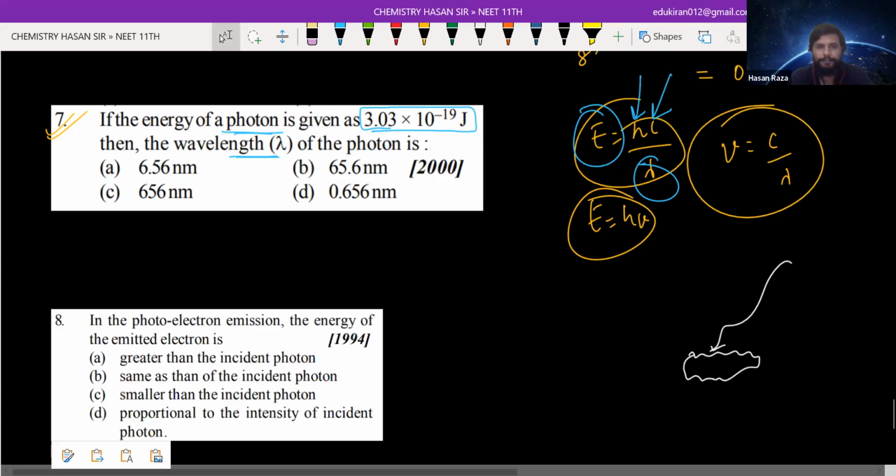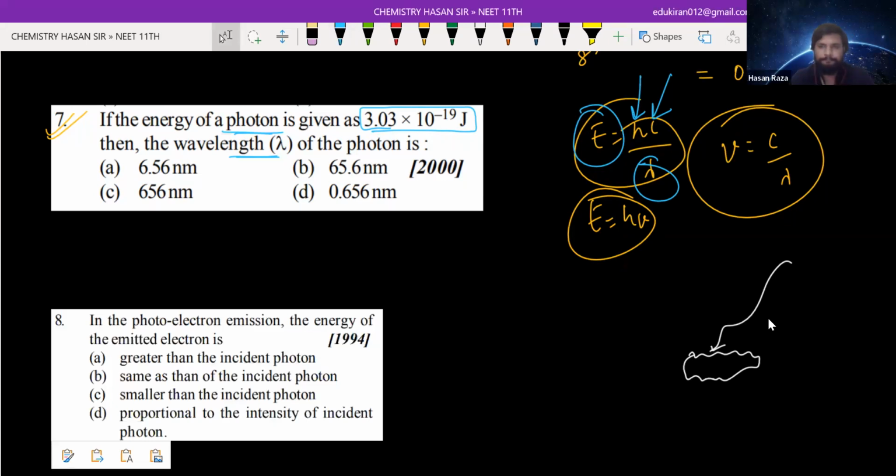Please do this. Sir, I am getting. Yeah, that is 10 raised to the power -7 it will be, not 10 raised to the power 7.